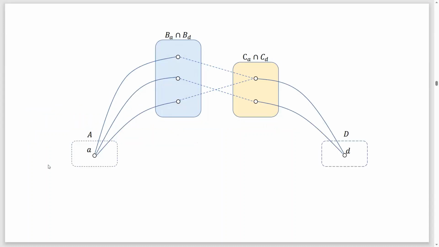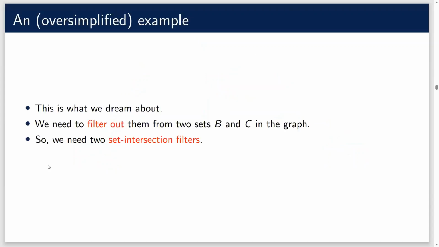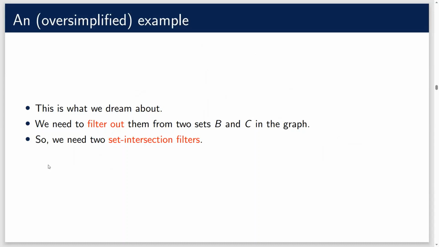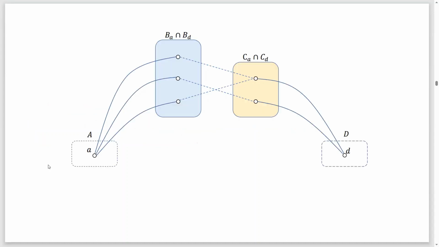We filter out BA cap BD and CA cap CD from the two common sets B and C, and make sure we can capture the connectivity in the new graph by the complexity of the whole graph. So these are the two set intersection filters. They just simulate the sets BA cap BD and also CA cap CD.